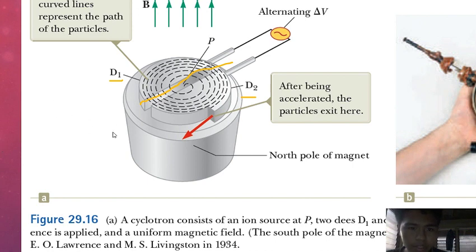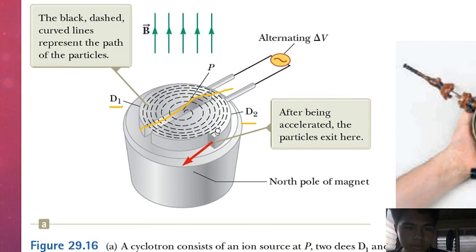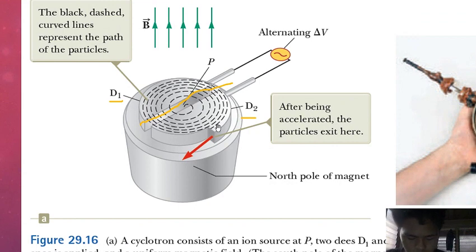We refer to them as D1 and D2 because they are shaped like the letter D. A high frequency alternating potential difference is applied to the Ds, and a uniform magnetic field is directed perpendicular to them. So it is perpendicular to our Ds.